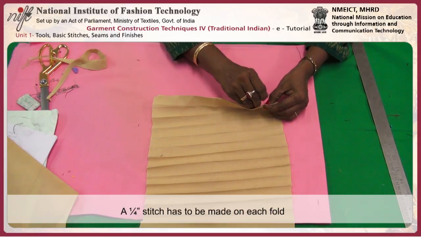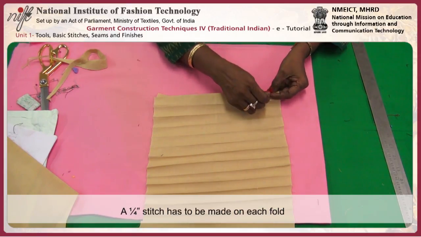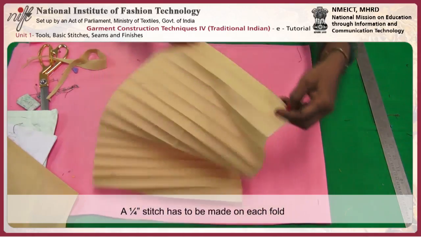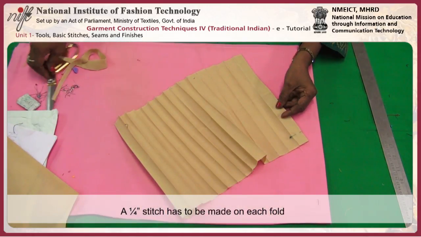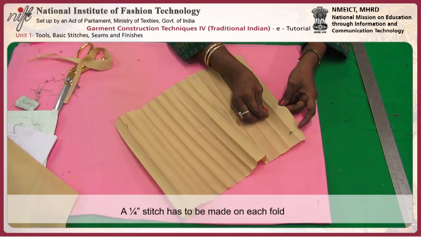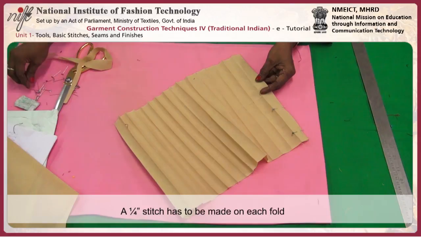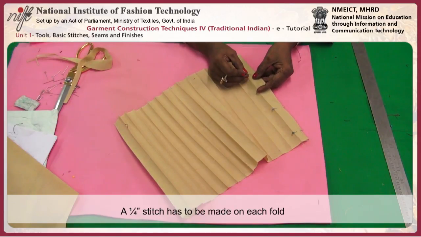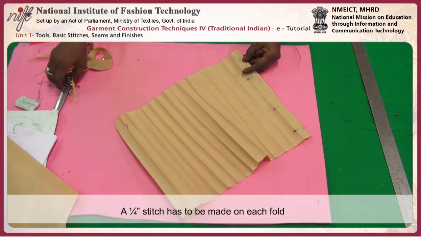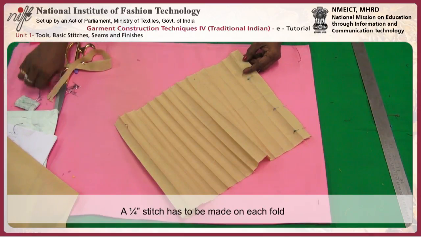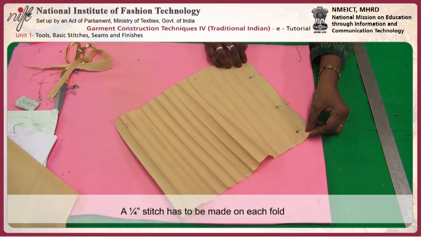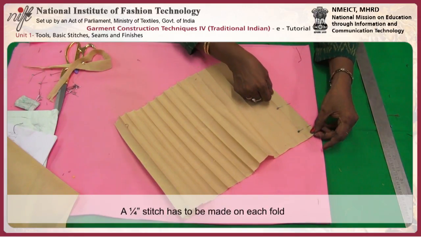Pin the fold. Pin each fold, then the fabric won't slip. Pin each fold and do a quadrant stitch near the fold.